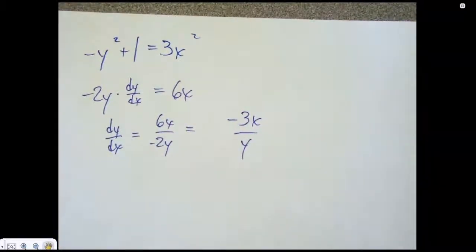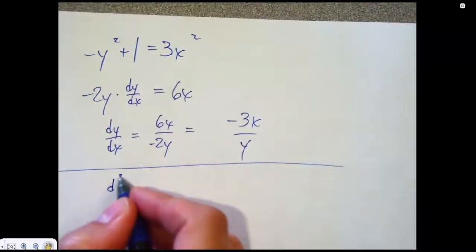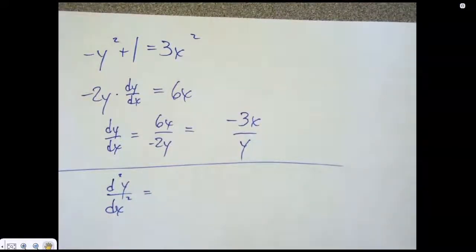You could also do 3x over negative y, but I think it's easier for most of you to put the negative on top. That's your choice. And then the second derivative is the quotient rule piece.